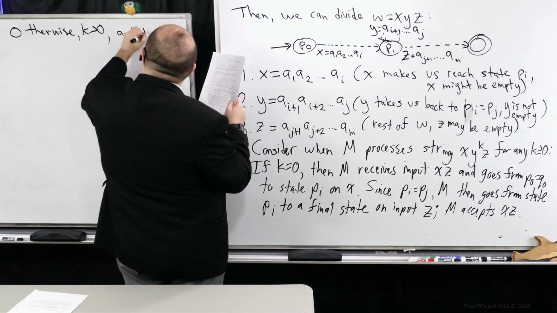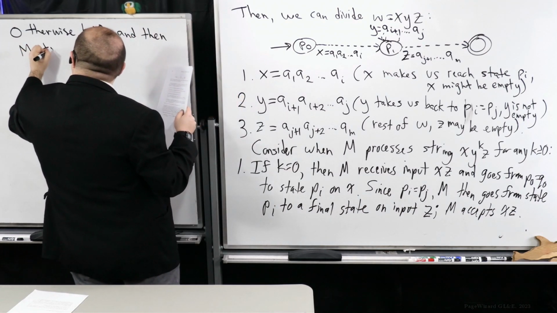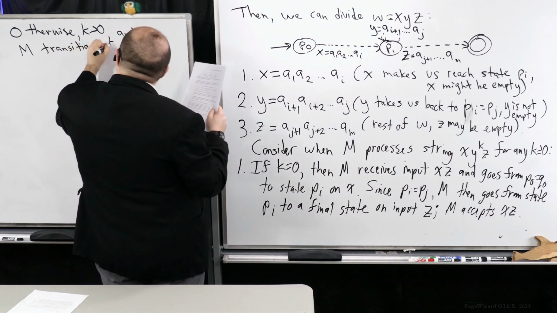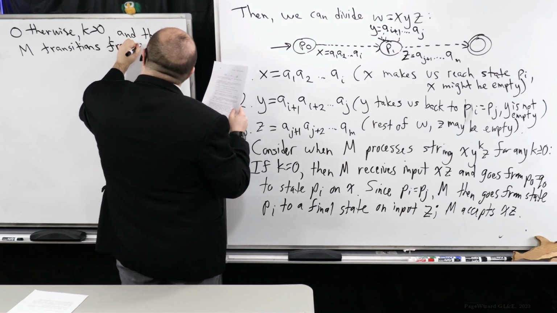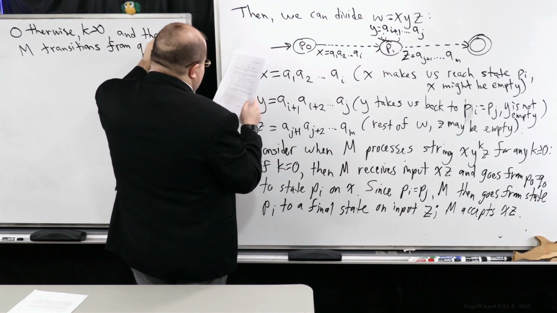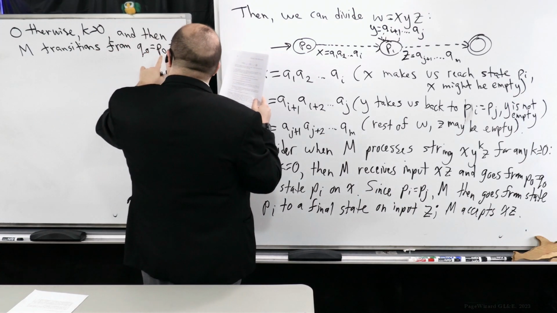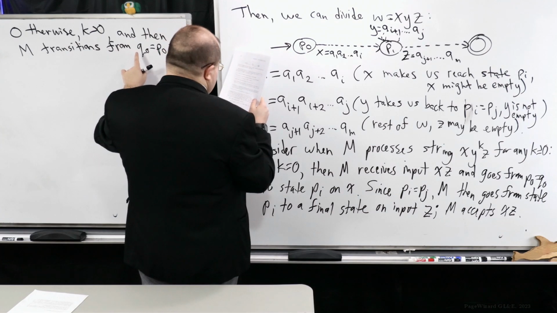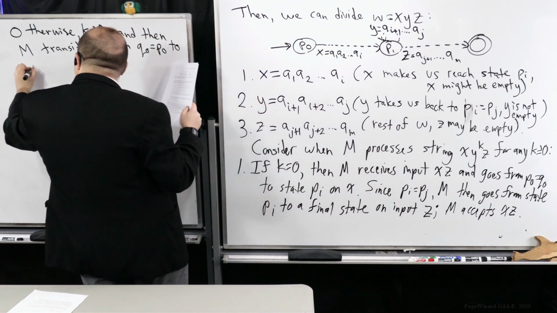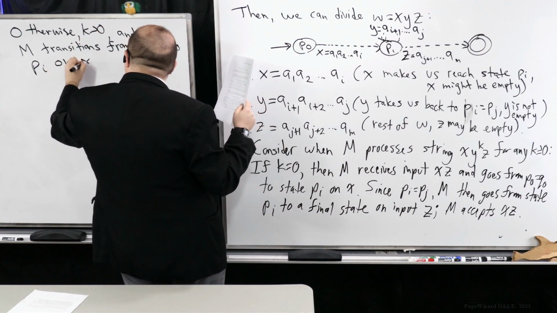And then M transitions from q0, which equals p0, or is it p1, transitions from here to pi on x. That's what it does, remember?